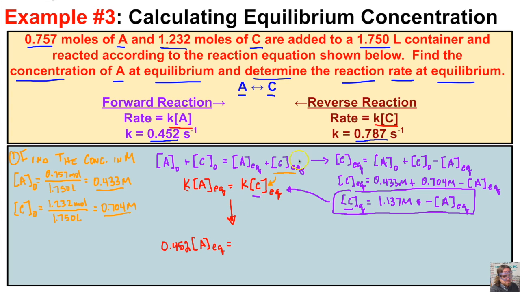This is going to be equal to K times the concentration of C at equilibrium. So we have to use our K value for C, which is 0.787, times the concentration of C at equilibrium. Well, the concentration of C at equilibrium is right here. We are now going to fill this in for the concentration of C at equilibrium: 1.137 minus the concentration of A at equilibrium.